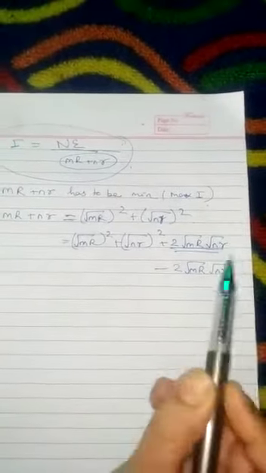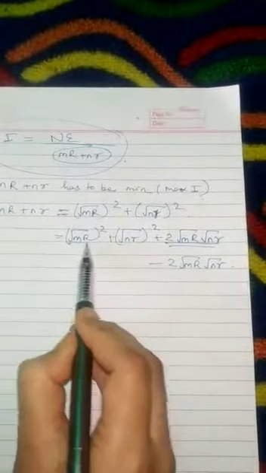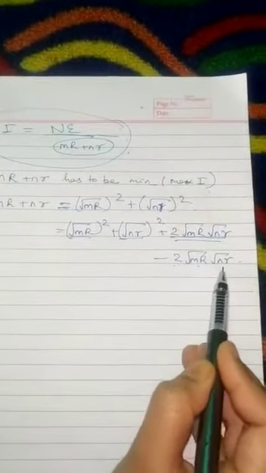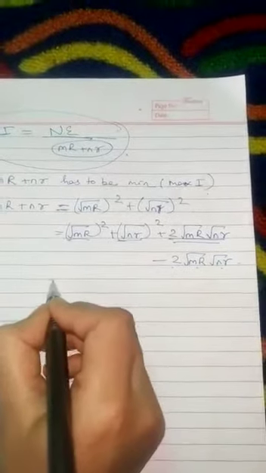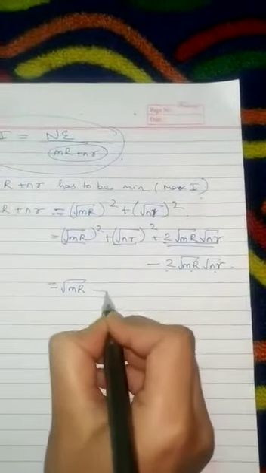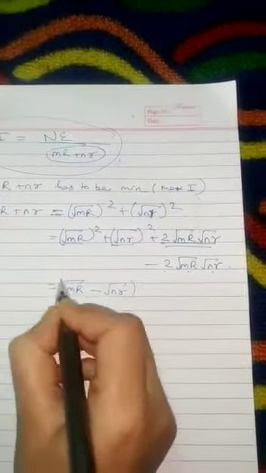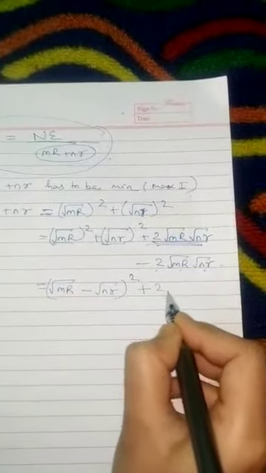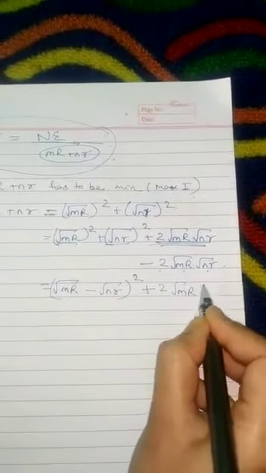So you can see here we are getting a term A square plus B square minus 2AB, which is A minus B whole square, and we are writing this as it is.